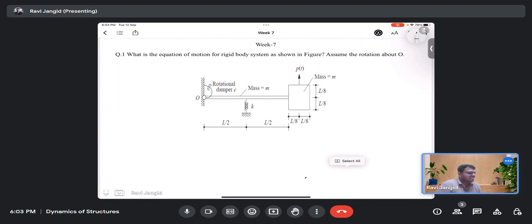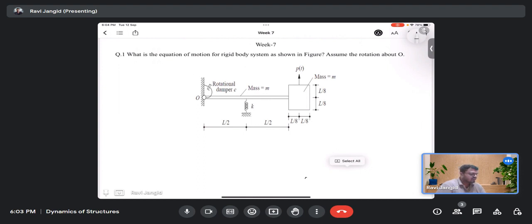Here you can solve easily. We need to create the equation of motion for the system. There can be multiple degrees of freedom, but we can represent all of them as one degree of freedom. So that's how we can say it is a 1 degree of freedom system.